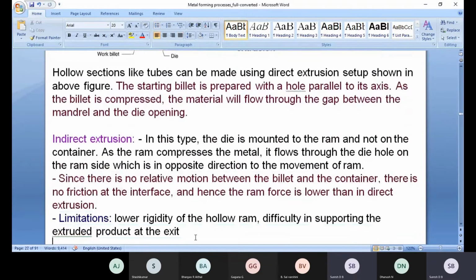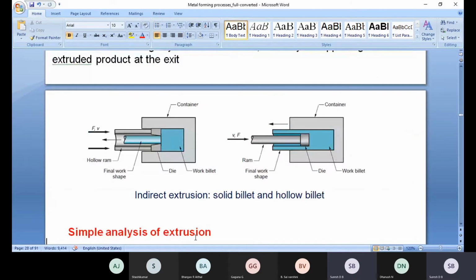In the indirect extrusion process, once you apply the force and push the ram in the rightward direction, the material is deformed in the backward direction. This type is called indirect extrusion.